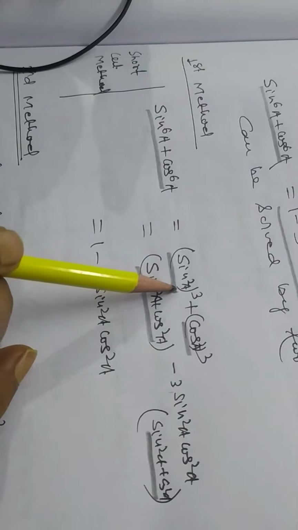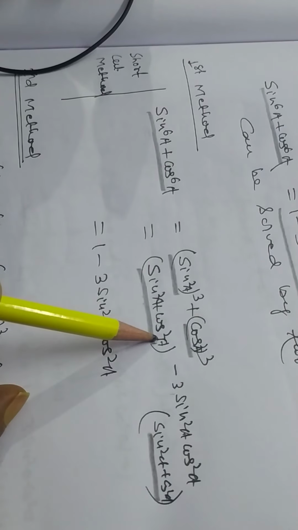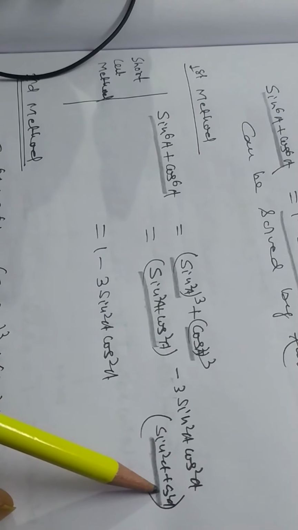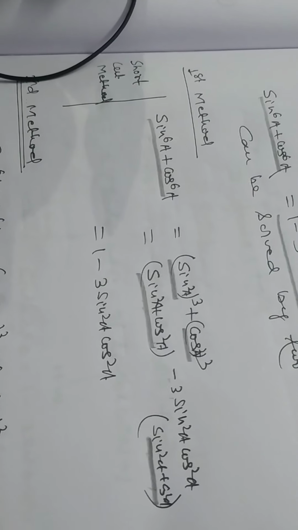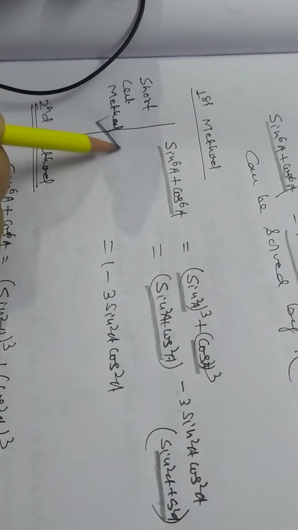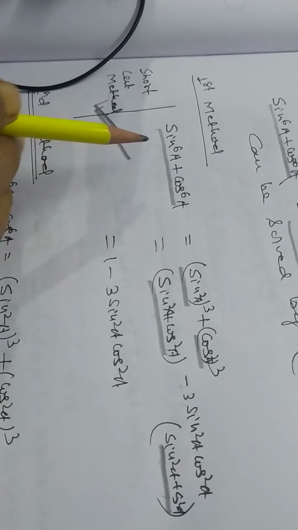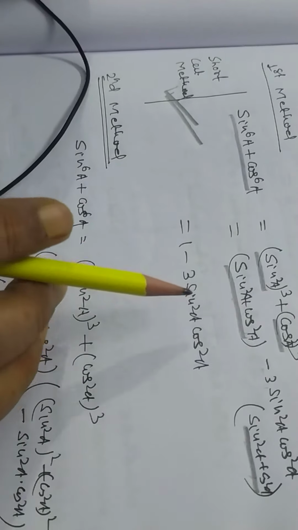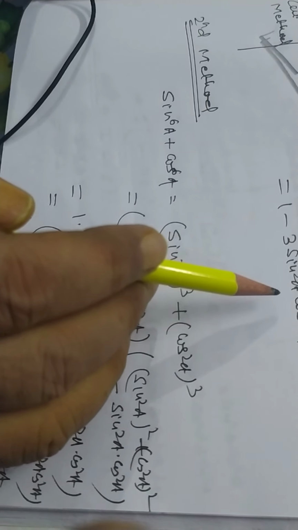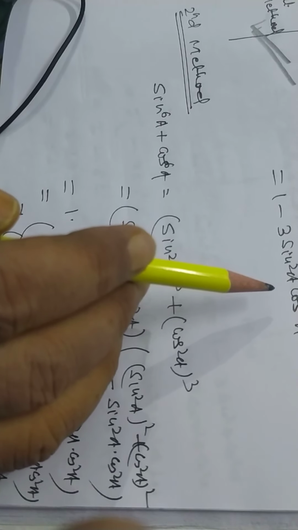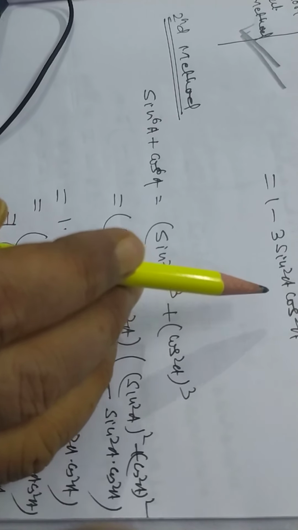It is on the formula a cube plus b cube is equal to (a plus b) cube minus 3ab into (a plus b), which I have just discussed here. So it will be 1 minus 3 sine square a into cos square a. This is the shortcut method, and you must remember this and apply it in the examination so that it will take less time to solve the problem.